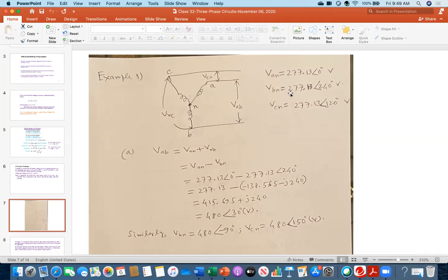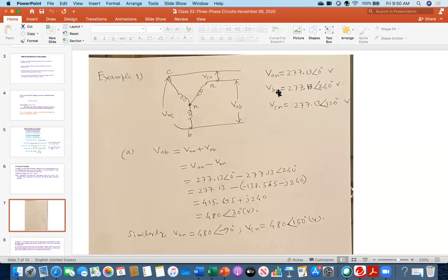Now here you look, what is given? It is given VAN, next it is given VBN, then it is given VCN, with the magnitude at a phase angle. But here you see, I have written VNB. So VNB is not given here. VBN is given. For vector or phasor, these notations are important.